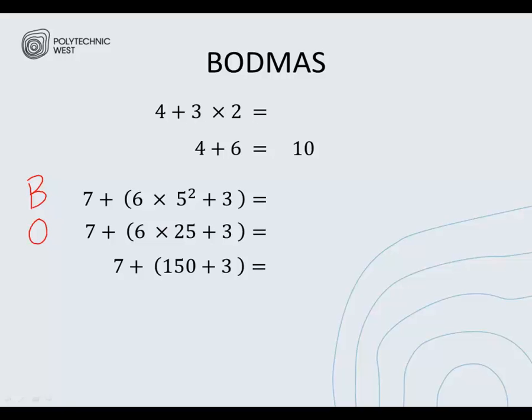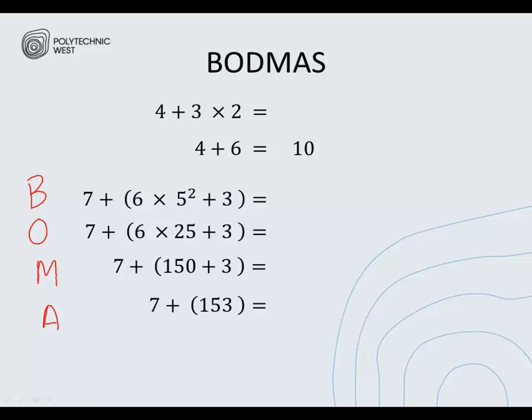6 times 25 is 150. That's the multiplication, so that's M. We're still inside the bracket. And then we do the addition inside that bracket. 150 plus 3, 153. So that's the addition. Now we've finished the bracket.